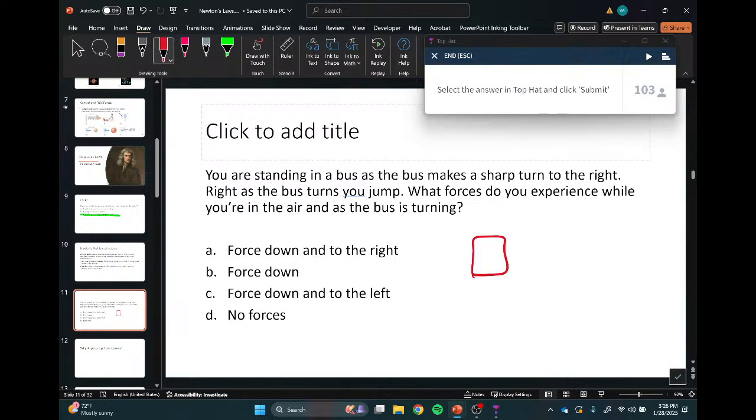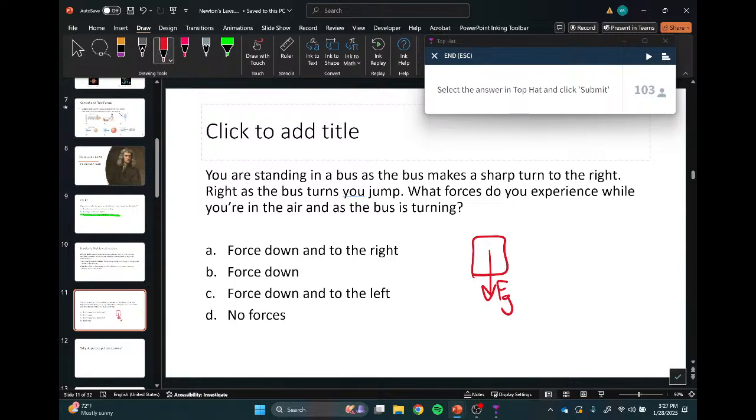Then you draw the forces. When they're in the air, what's the obvious one acting on people? We've talked about this for the past couple weeks. When something's in the air, what's pulling them down? Great. Notice that all these, except the last one, had gravity. Eventually, we'll get to the nomenclature here. You're in the air, gravity's pulling you down. Is there anything else pulling you in any direction?